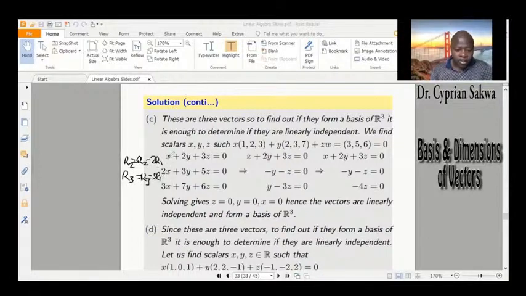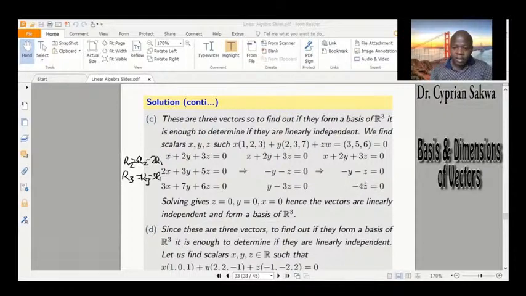So row 1 times 2 subtracted from row 2 gives me this second row here, and row 3 minus 3 row 1 gives me this third row here. What follows is that I want a 0 in this position. That means I would add row 2 to row 3 to get my new row 3. My first row remains where it is, the second row remains where it is, and when I add the second row to the third row, I get this third row here.